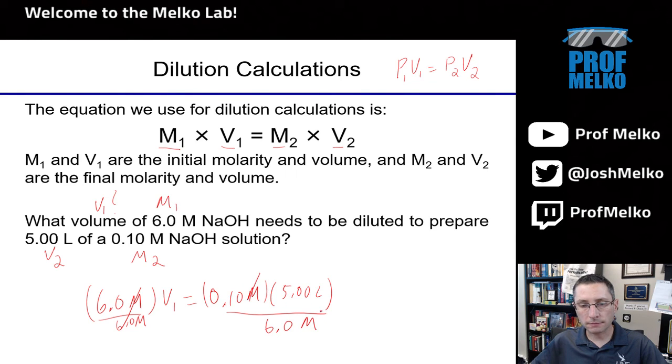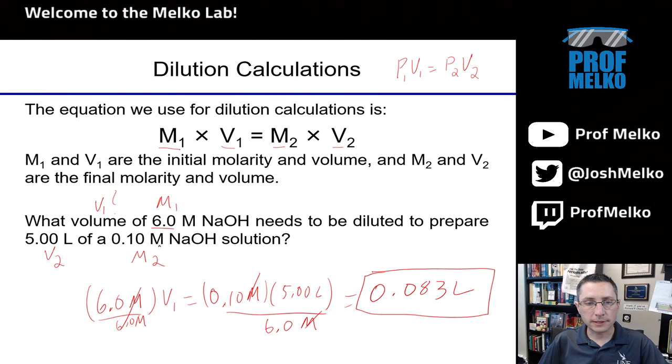Your molarities should drop out here. And 5 times 0.1 divided by 6, I get 0.083 liters. Okay, which should come out to about 83 milliliters.